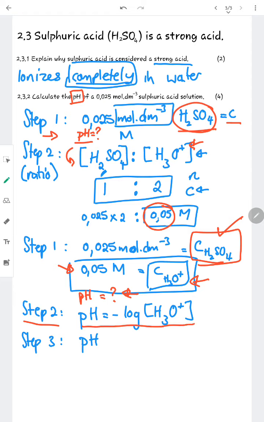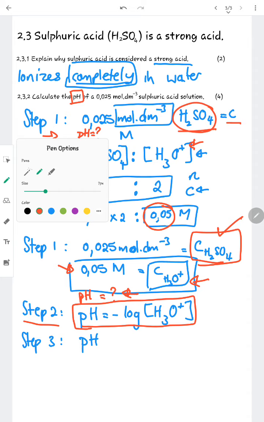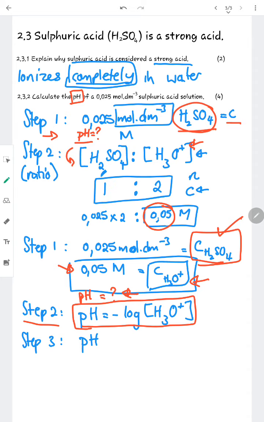And so there is the formula that is going to meet our requirements. Now when it comes to answering of your question, you substitute negative log, and your concentration is 0.05, and stick that in your calculator. So you're going to say negative log 0.05, and your answer is 1.3.